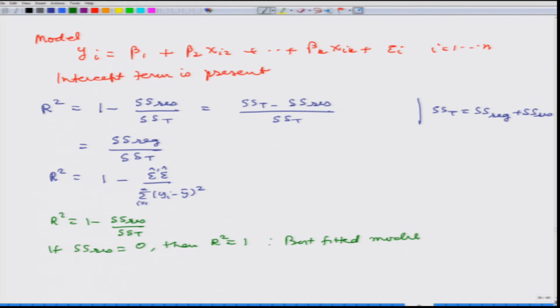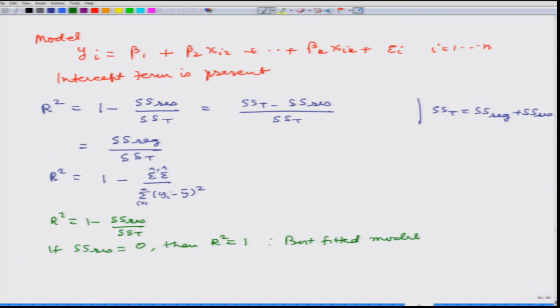Now, on the other hand, in case the model is not at all well fitted, that means the contribution of the sum of square due to regression is 0. That means none of the x1, x2, xk variables are helping us in explaining the variation in the values of y.